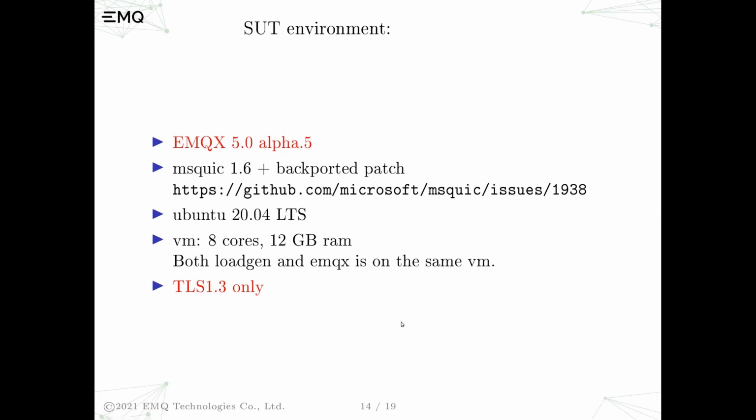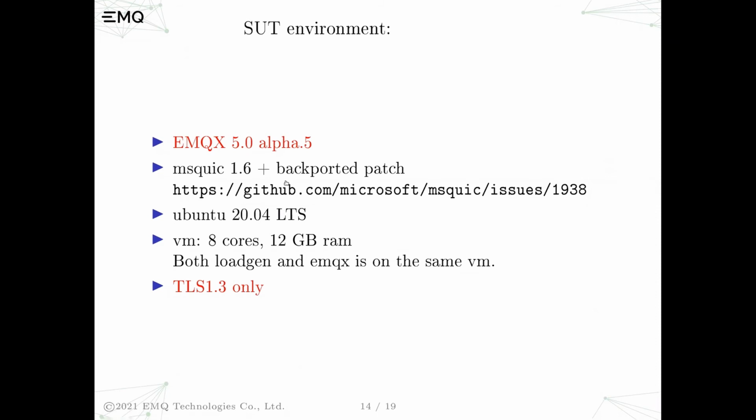So, system and the test. The test is based on EMQX 5.0 Alpha 5. And we have MsQuic 1.6 plus a backported patch. And this is the issue we found during our test when the system is overloaded. MsQuic just core dumped.